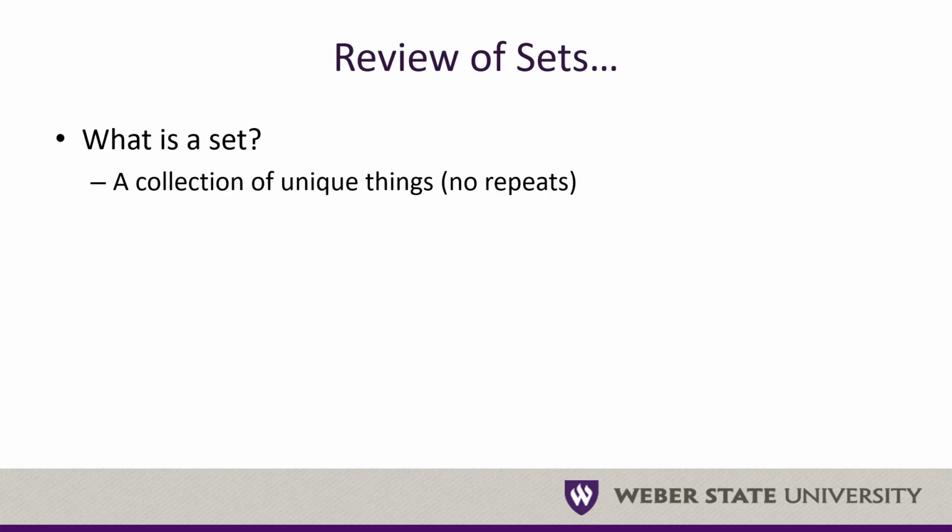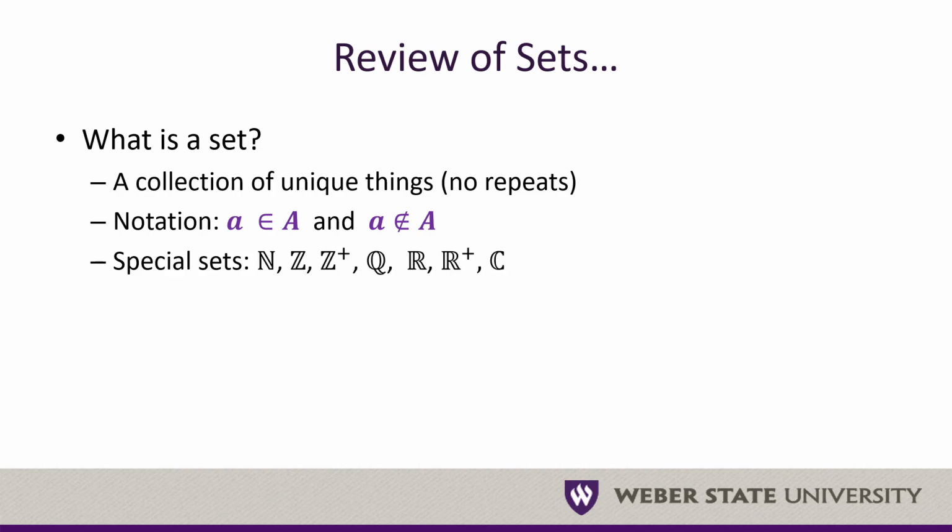We have a -2 and a +2, but those are two different things because the negative sign gives it a different meaning. Our notation is that we use an epsilon to tell whether or not one thing is an element of something else. By convention, we usually use lowercase letters to talk about the elements, and uppercase letters to talk about the set itself. The set would be named by an uppercase letter.